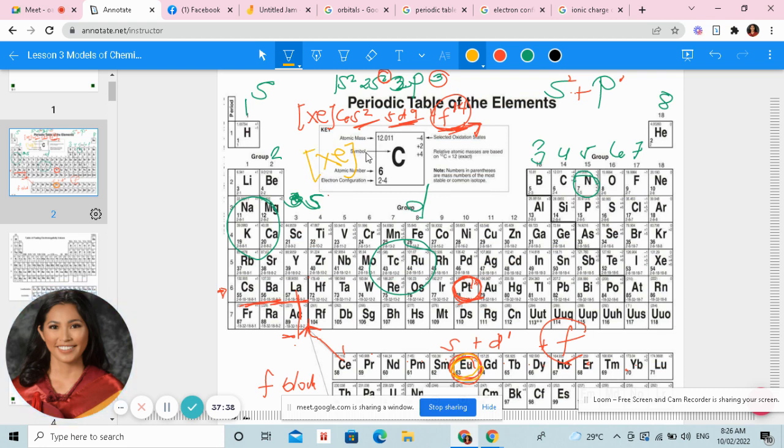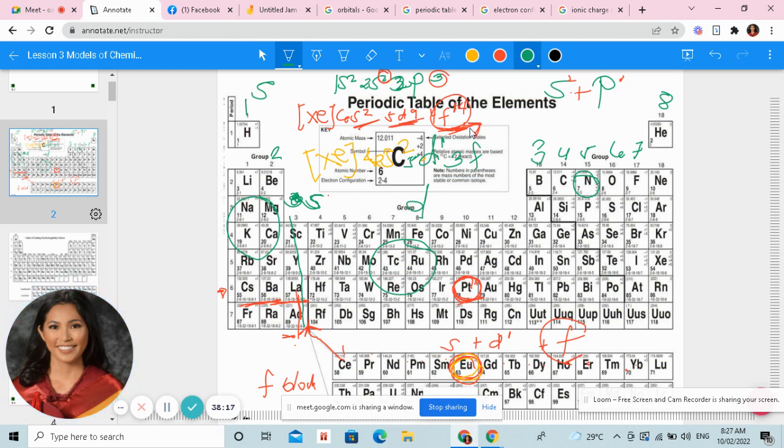Then after that, 6s2. Then 5d1, 5d1, then 4f14 here, ma'am. There are 13 in the periodic table.